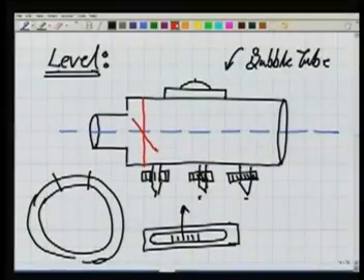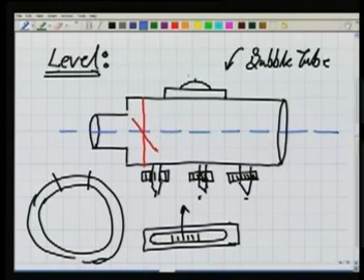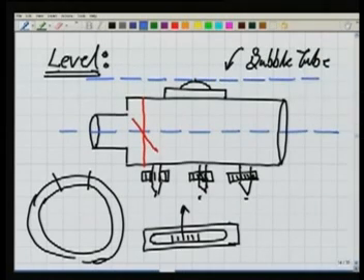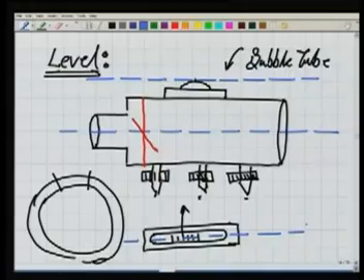Now I will define one more term here: at the center of my bubble tube we define a line which is tangential at this point, tangential at the center of the bubble tube to the circle of the bubble tube.